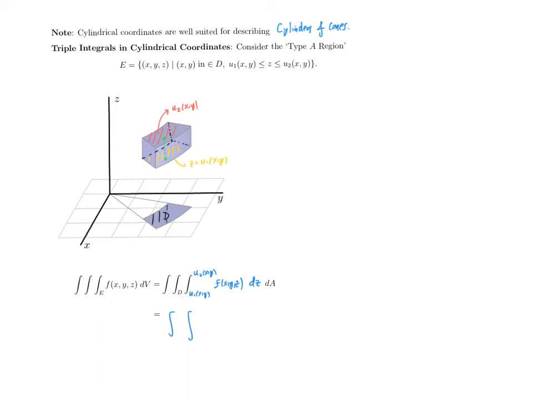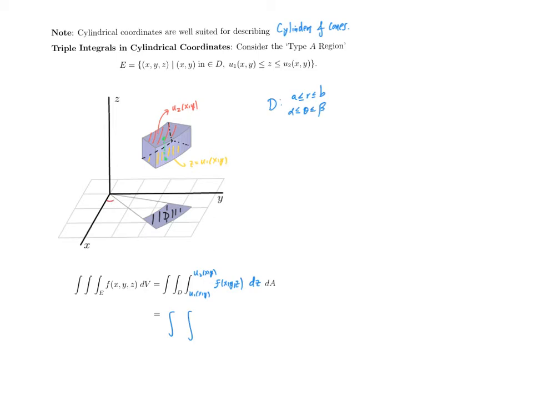it involves polar coordinates. And we're going to make the assumption that D is one of these polar rectangles. I should have mentioned this previously. Let's say that D is described to have r values varying from a to b and theta values varying from alpha to beta.